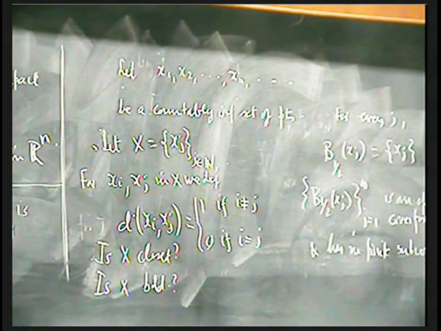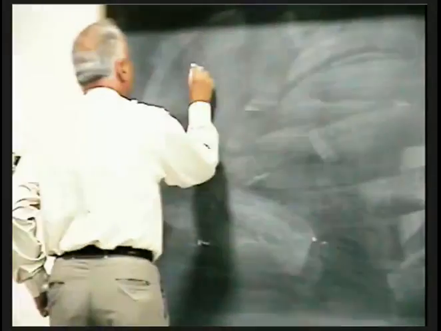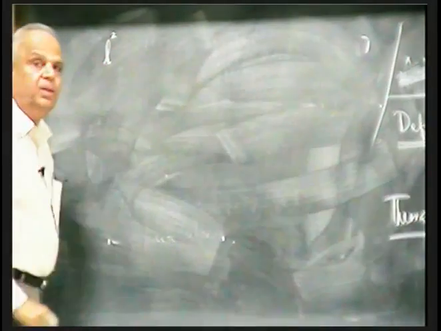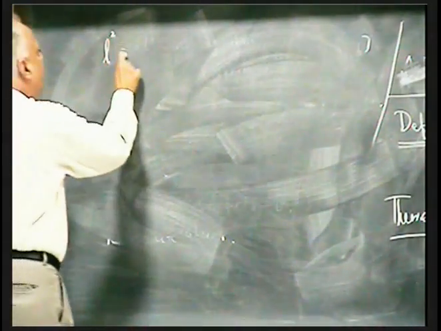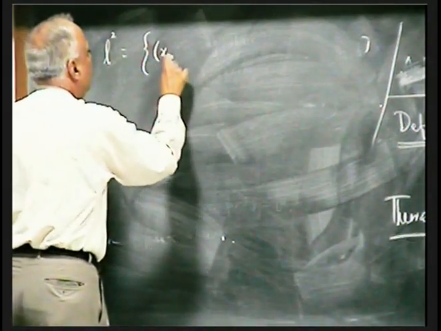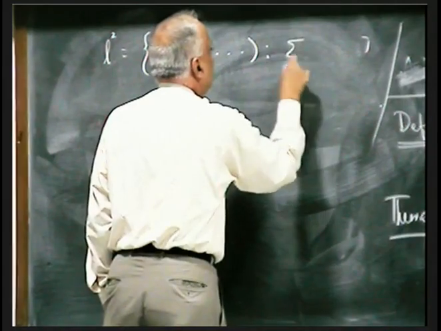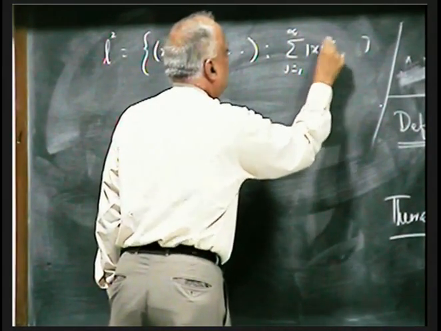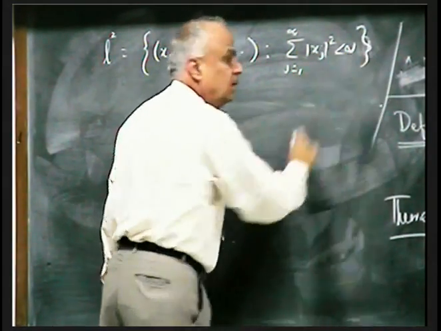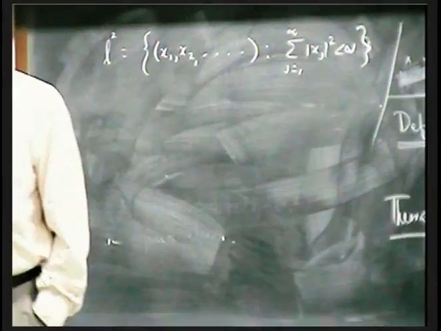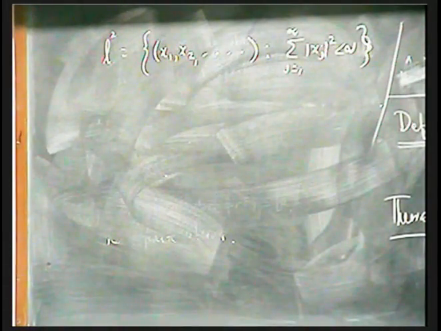Now think of a similar example in a slightly different situation. Let us take very specifically L2. What is L2? It is the set of all infinite sequences for which this sum is finite. All infinite component vectors which have finite Euclidean length.